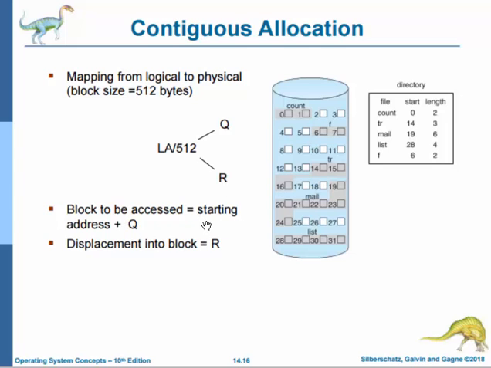The block to be accessed will be the starting address plus Q, and the displacement into the block is considered as R.